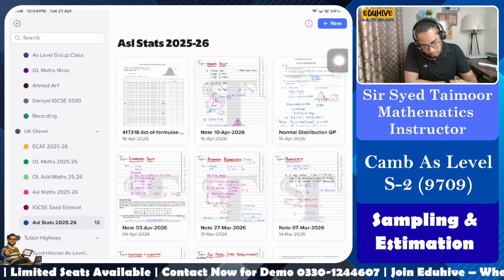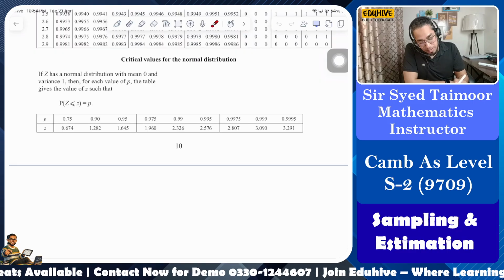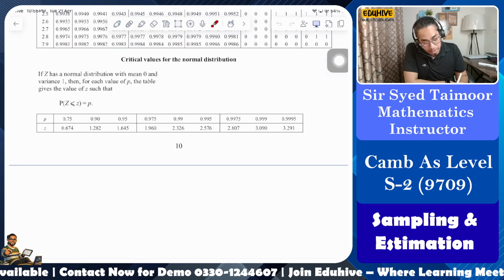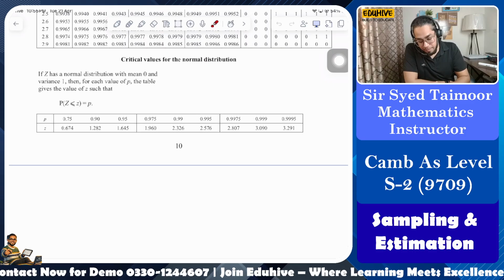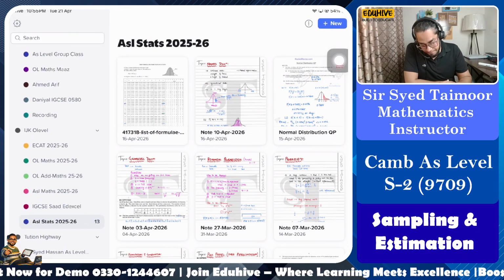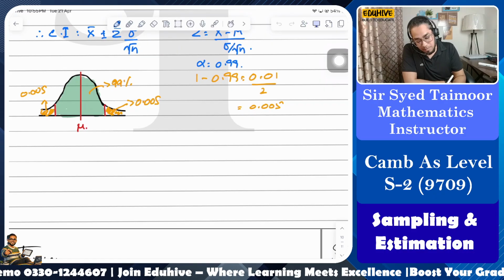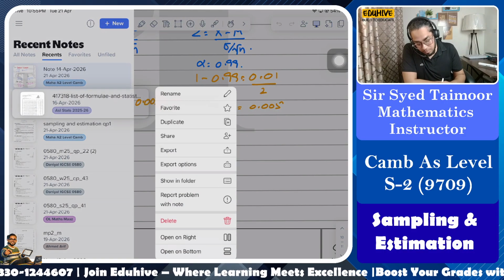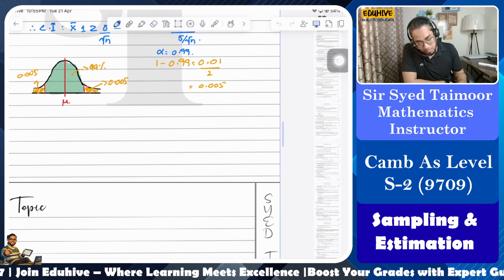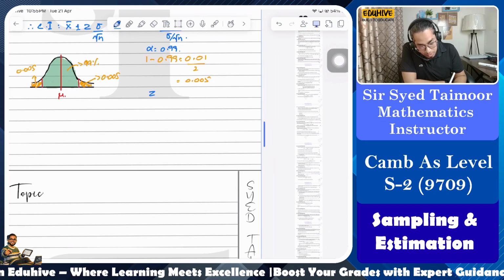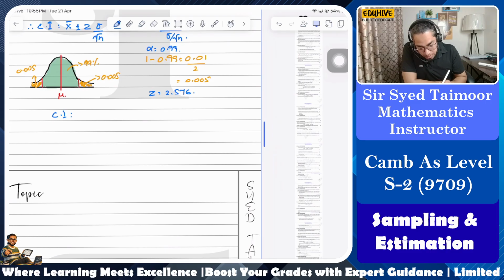For the 99% confidence interval, it means it's this one, 99, and this one, 2.576. So z is exactly 2.576, and now for the confidence interval I can do that.